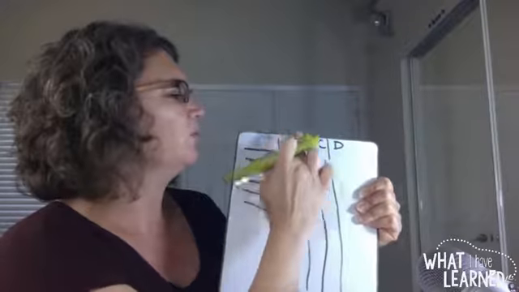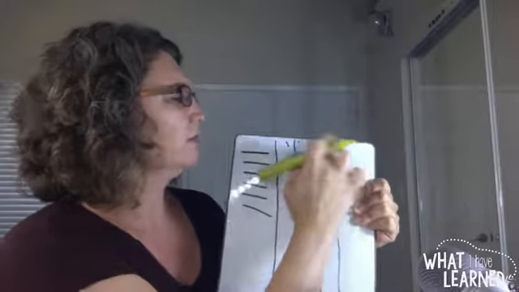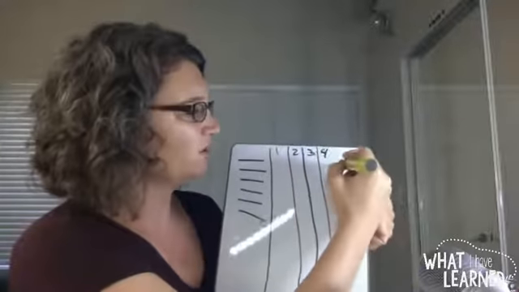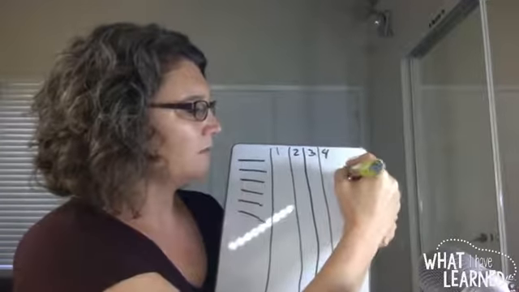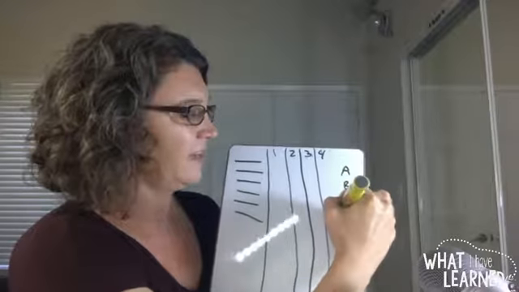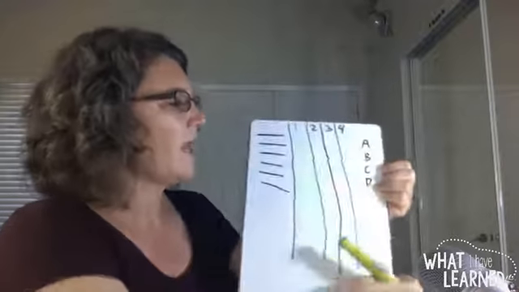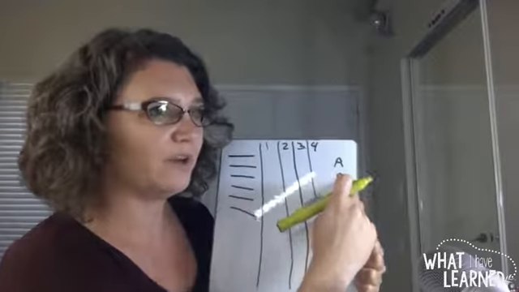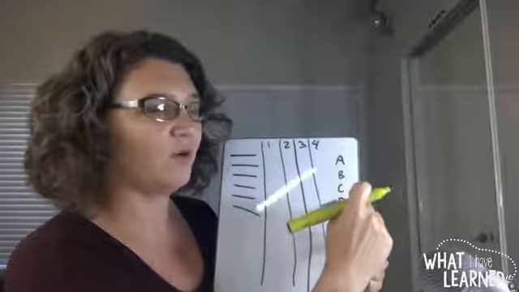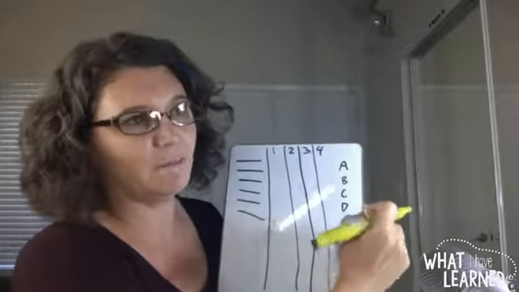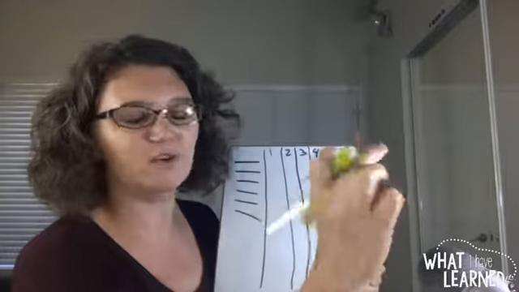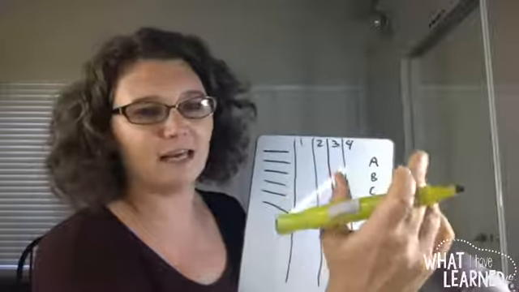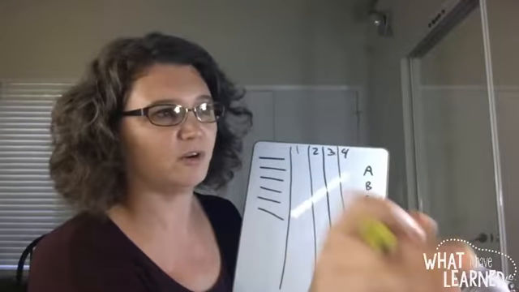I think that these were rotations, sorry. 1, 2, 3, 4. I always had 4 rotations, and then 4 centers, A, B, C, and D. There we go. A was always my teacher center. I think B was a word work center, C was a grammar center, and D might have been a mix between computers and something else, because we only had 2 computers at the time. So I definitely had to have something else that students were doing.